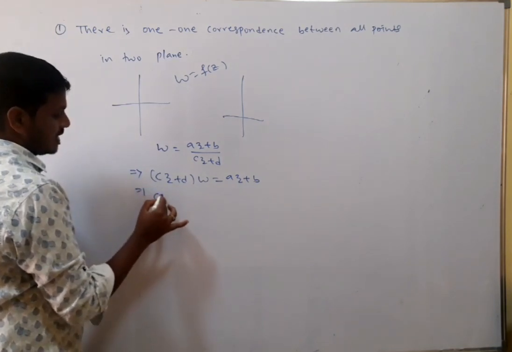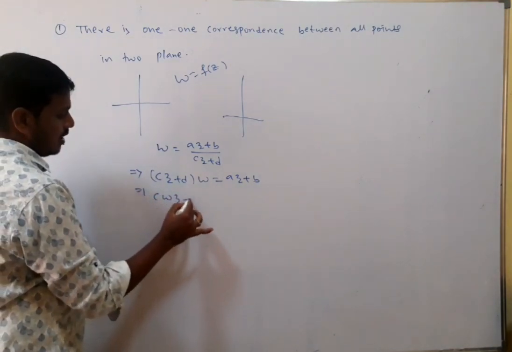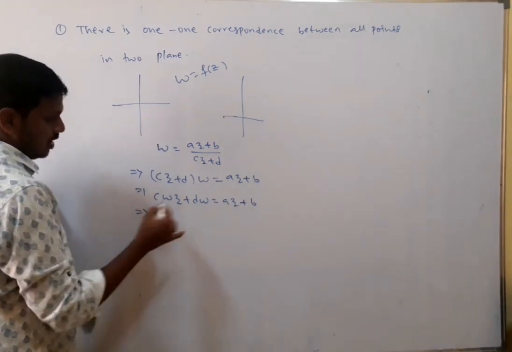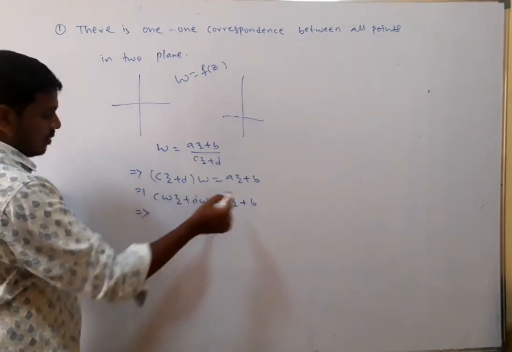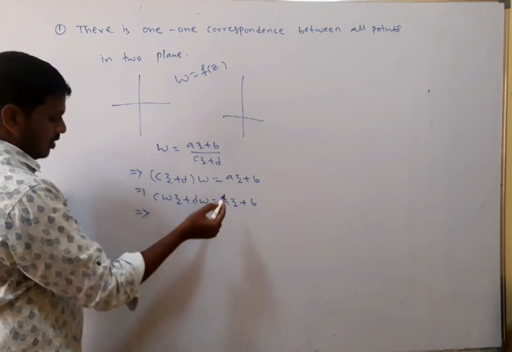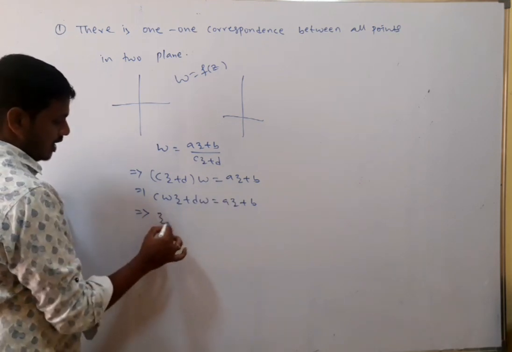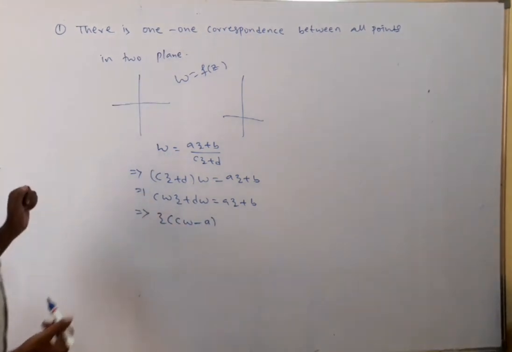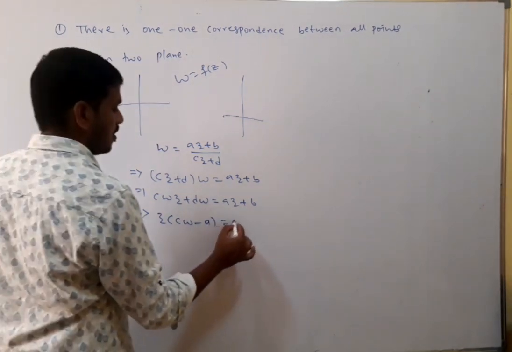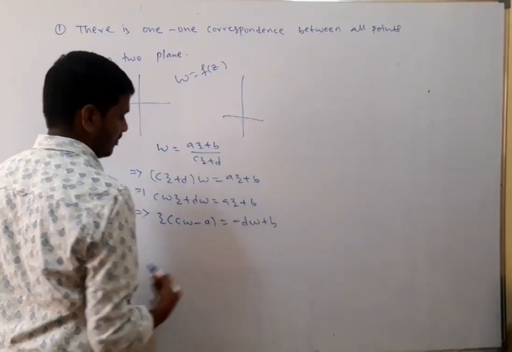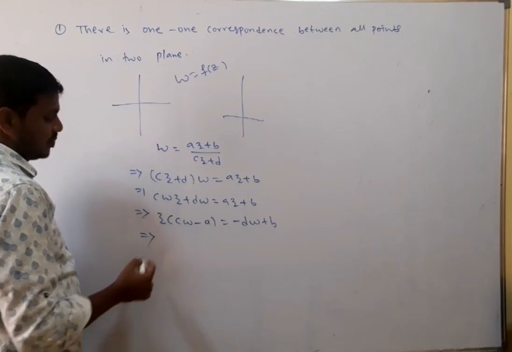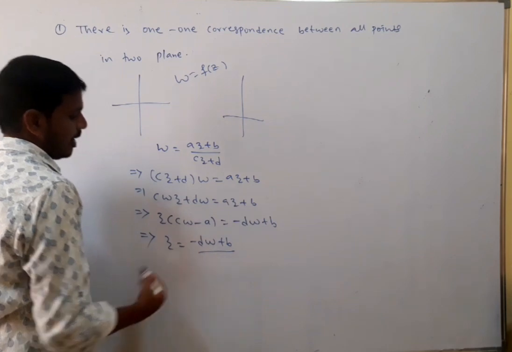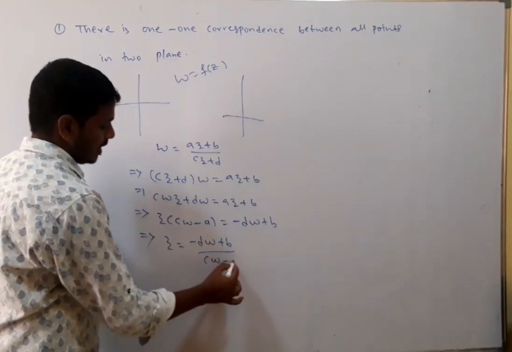That implies cwz plus dw equals az plus b. Taking terms to either side, z times (cw minus a) equals minus dw plus b. That implies z equals (minus dw plus b) divided by (cw minus a).